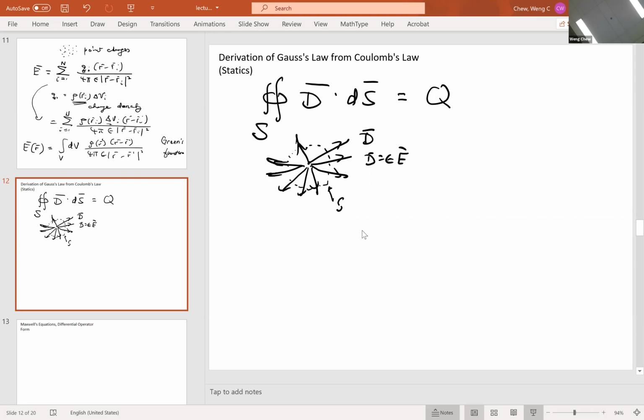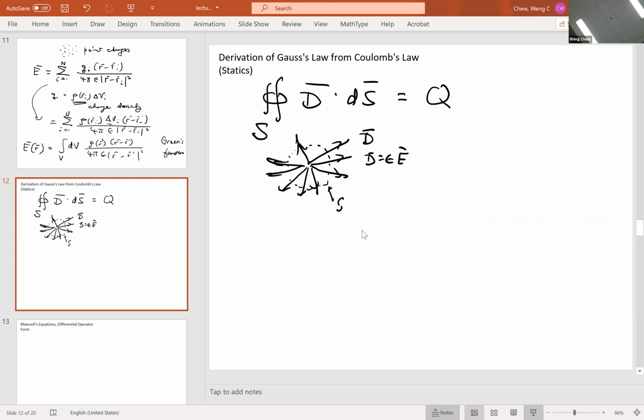In the sense that if I look at Coulomb's law this way, if the electric flux is due to Coulomb's law, the way I've described in the previous slide, and I integrate those fluxes over a spherical surface, it should be equal to the charge Q inside, which is what this other version of the law is.